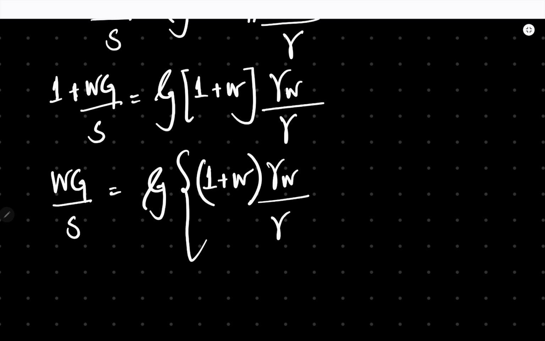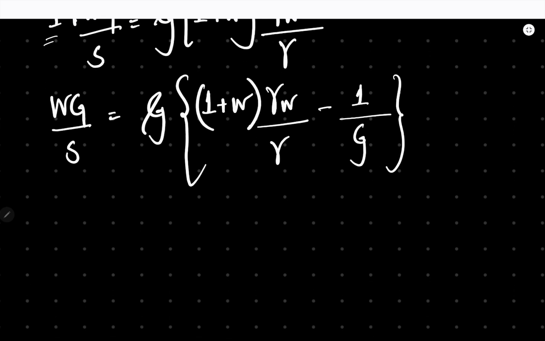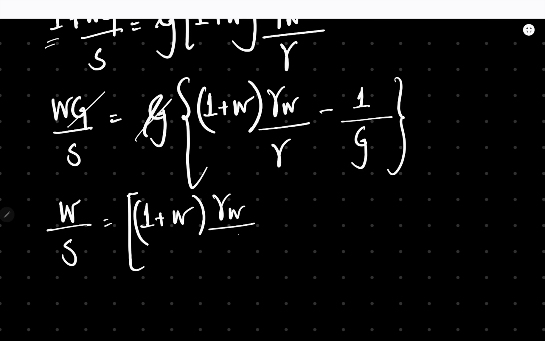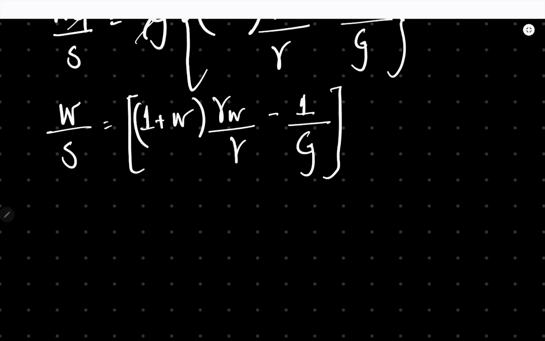This one will go to this side. Now this and this will go. So W by S rather is 1 plus water content, this minus 1 by G.